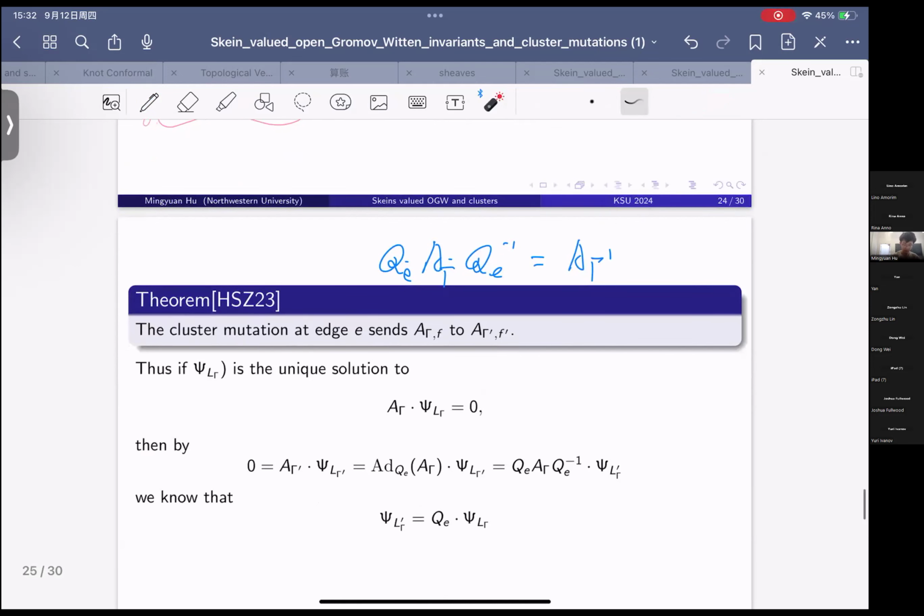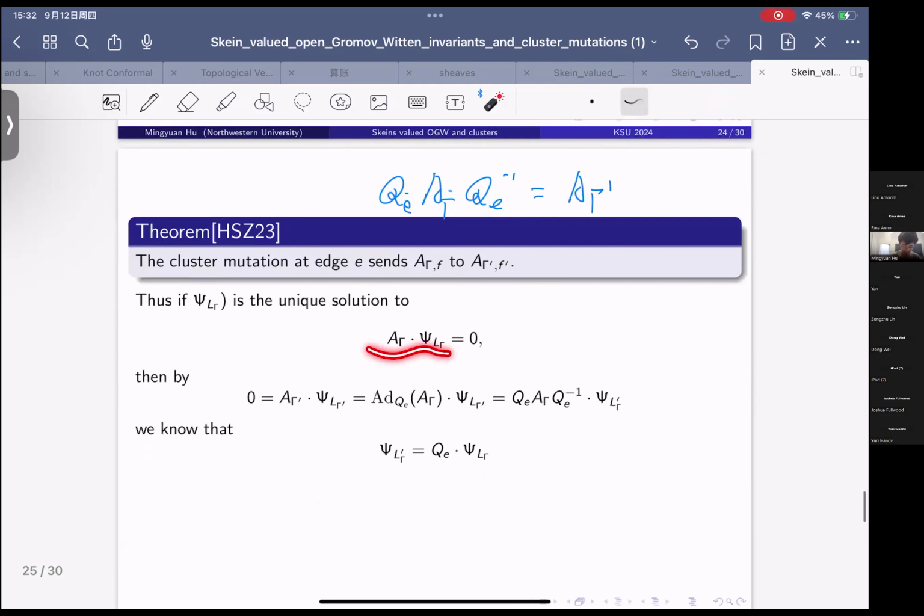And now, let's say what this implies if we know that, oh wait, sorry, this is another typo. Sorry, there are so many typos. So if we know that the solution to this equation is unique, then let's look at the equation here. This is our theorem, right?